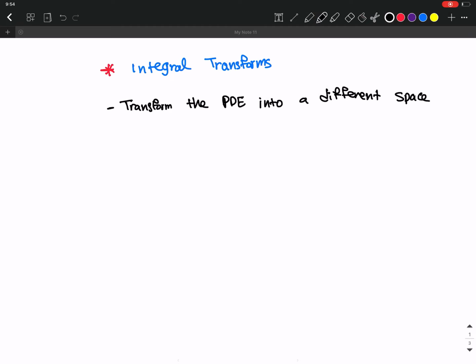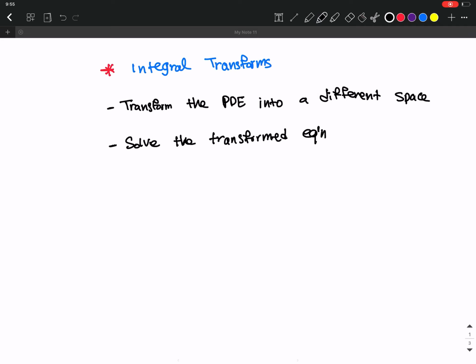So we take or transform the PDE into a different space, for example, a frequency space, and then in the next step, we solve the transformed equation in a different space, like in frequency space.